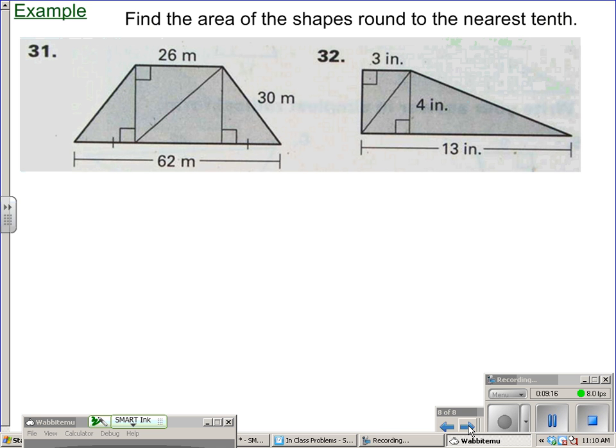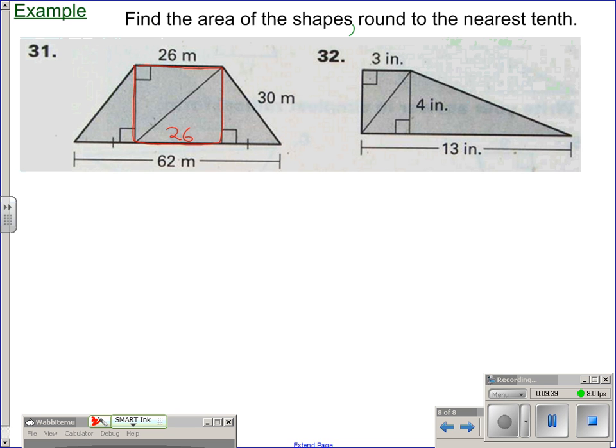It says find the area of these shapes, round to the nearest tenth. So, comma, round to the nearest tenth. All right, so we've got a couple of things going on here. We're going to have to assume that this inner shape is a rectangle. So that means this is 26.